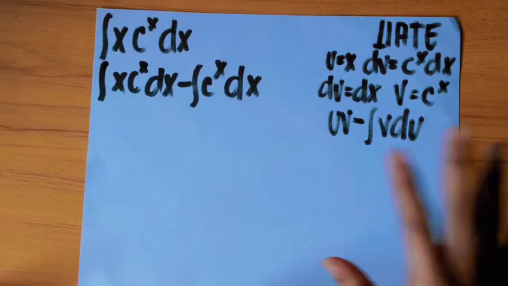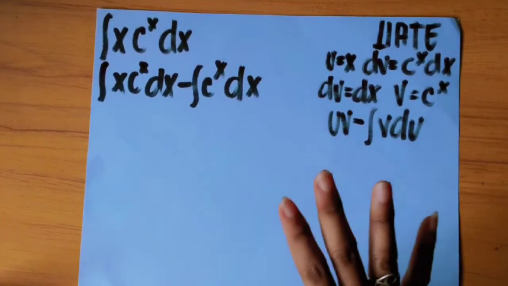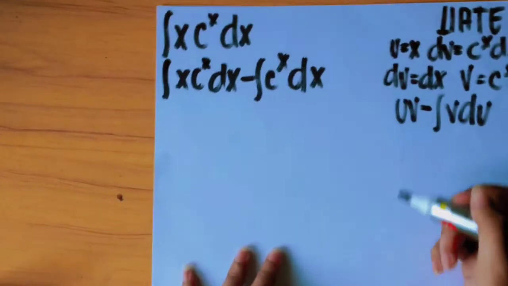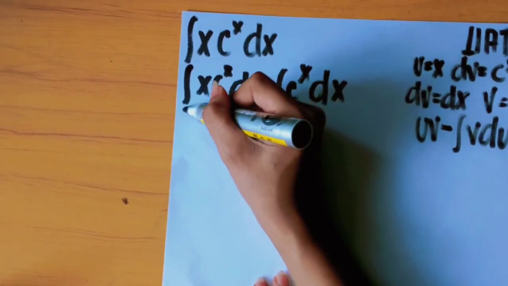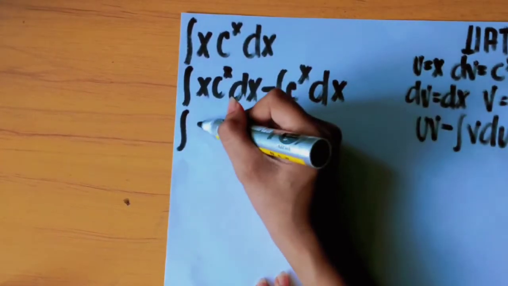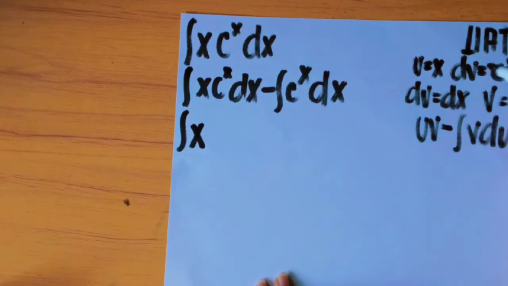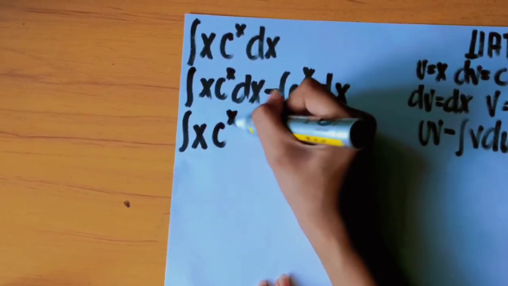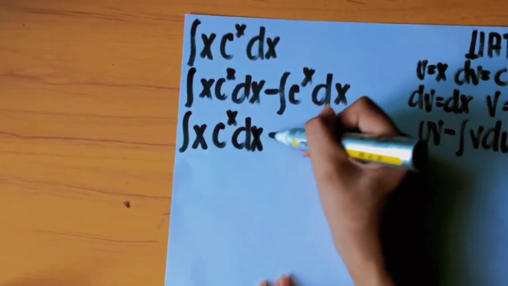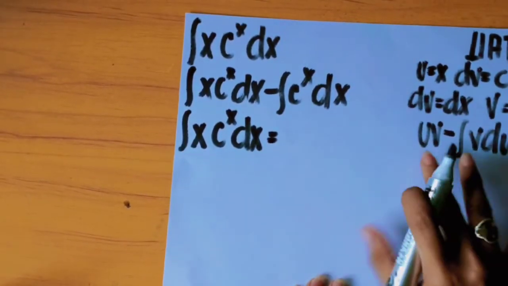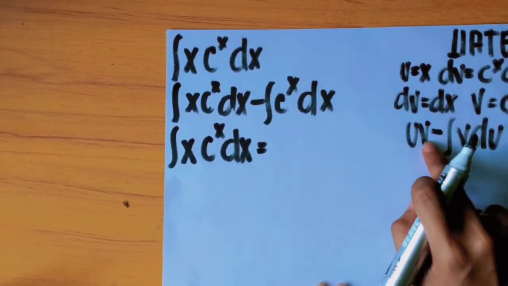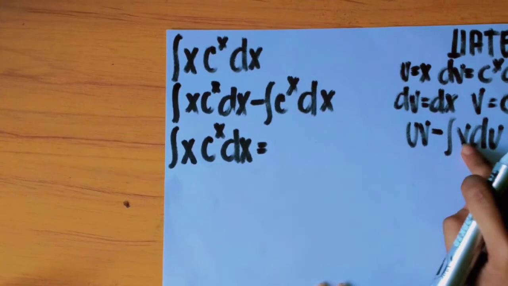So, the next is, let's write the integral of u dv equals the function, which is ito, uv minus integral of v du.